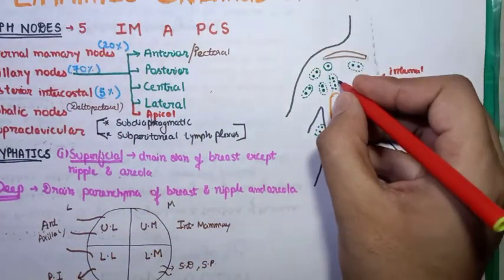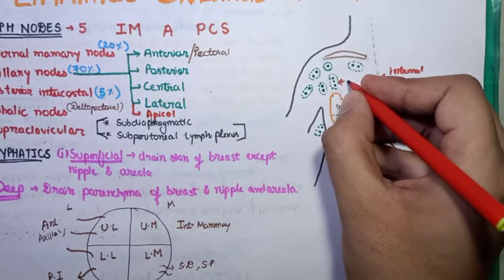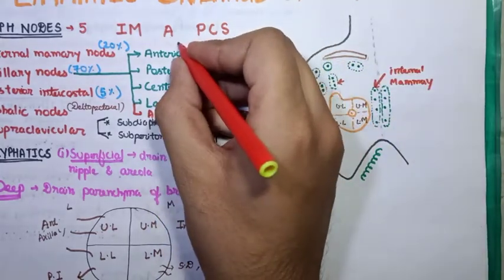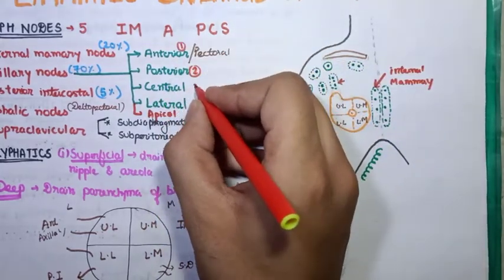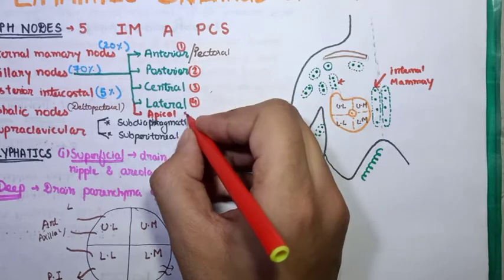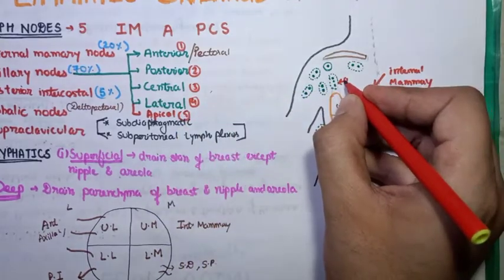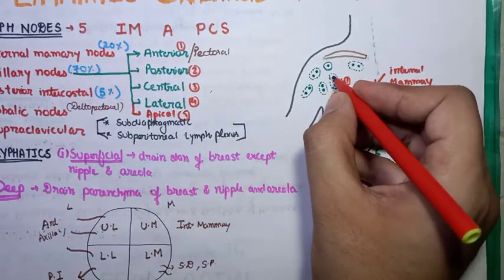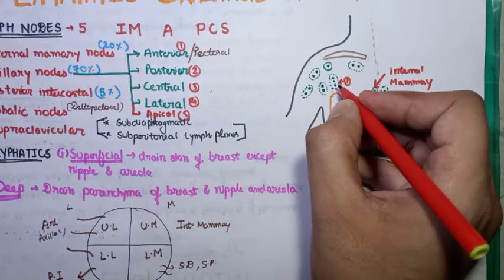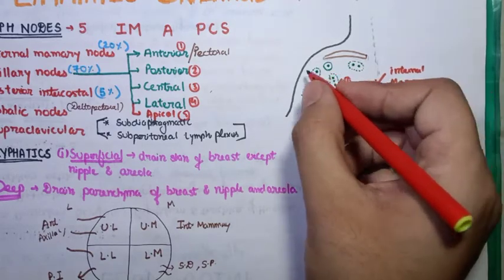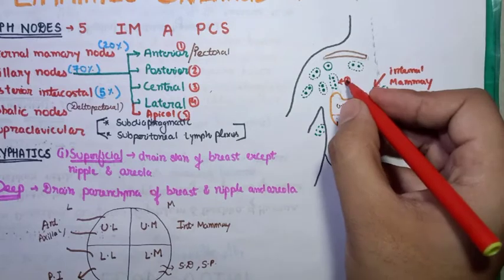So let's see. This is the anterior one. So let's number them. This is 1, 2, 3, 4, and this will be the 5th. This will be marked as 1, that's the anterior axillary. You can see the number of lymph nodes is much more as compared to the other ones.